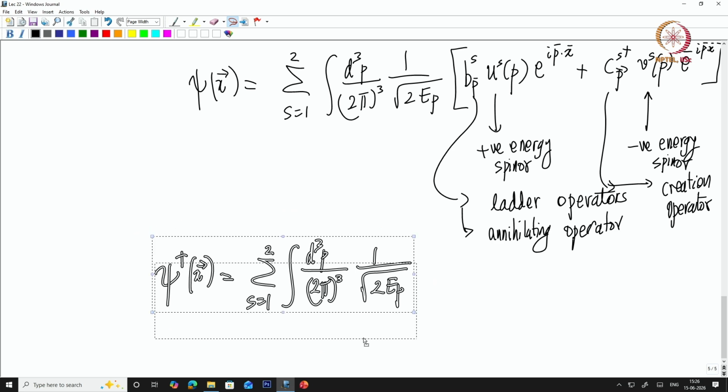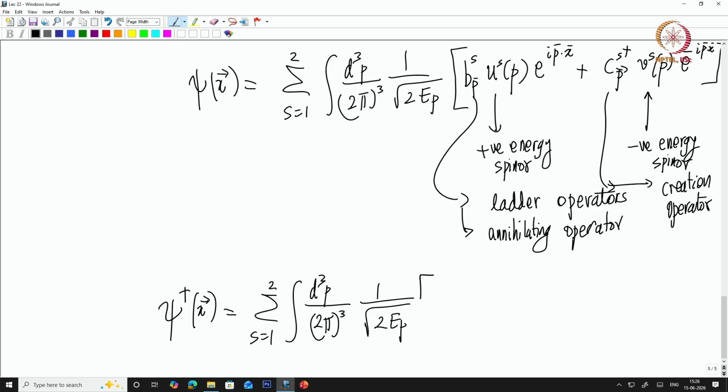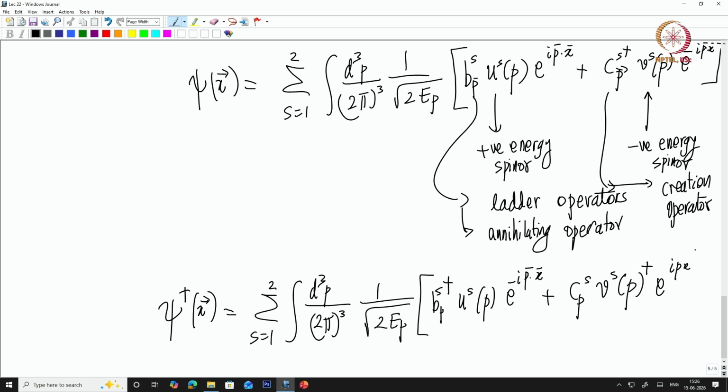Now you have b_p^{s†} u^{s†}(p) e^{-ip·x}, plus c_p^s v^{s†}(p) e^{+ip·x} essentially.